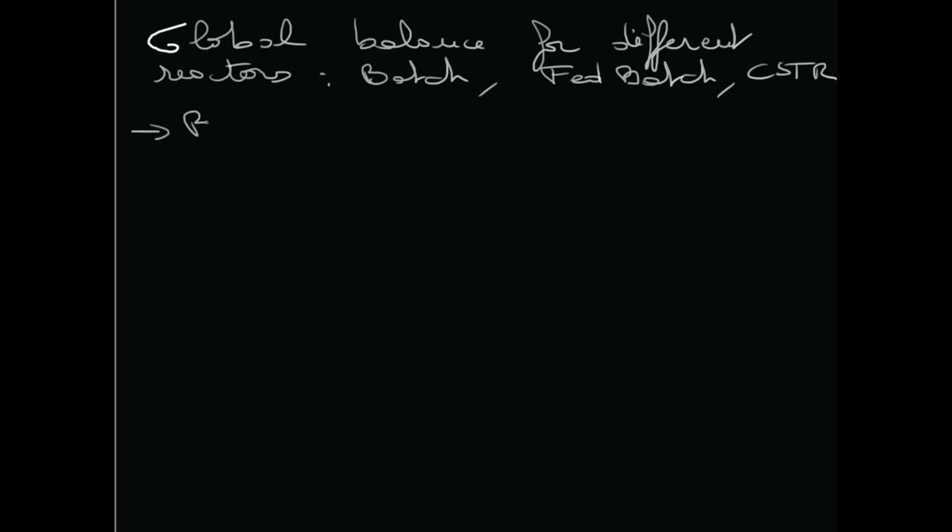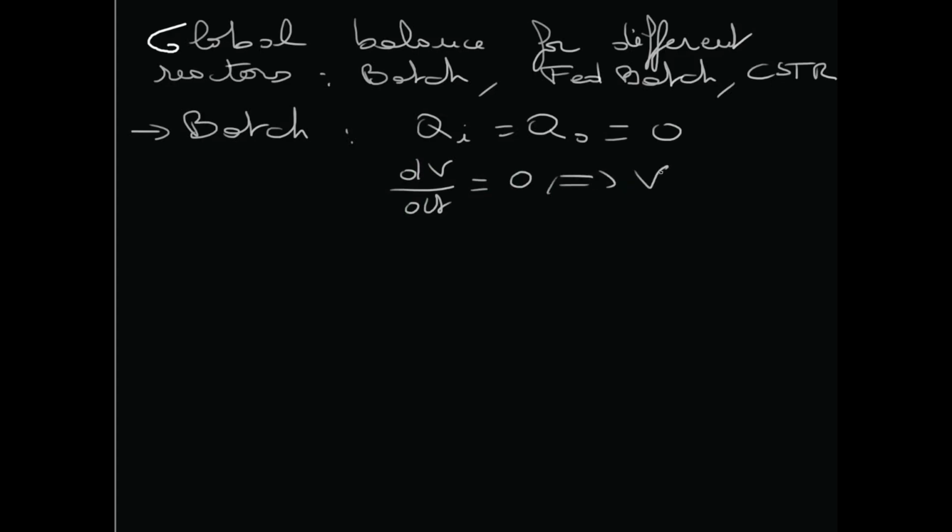For a batch, we know that there is no flow. Qi and Qo are equal to 0. So dV over dt is equal to 0. When a derivative is equal to 0, that means that V is equal to a constant. The volume doesn't vary in a batch.